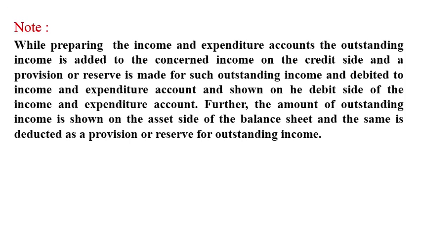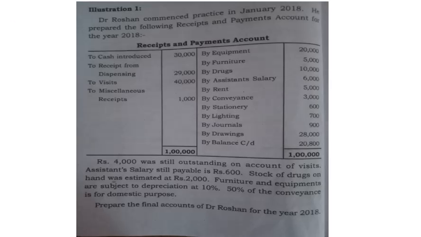Okay, I'll go through the first problem under accounting for professionals. I'll read the problem here. Dr. Roshan commenced practice in January 2018. He prepared the following receipt and payment account for the year 2018.